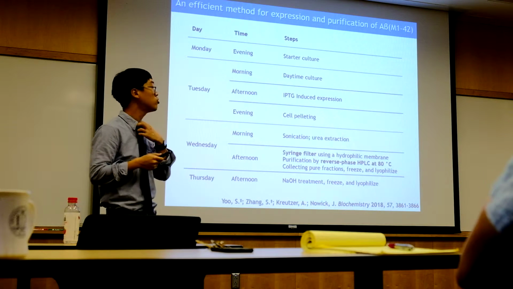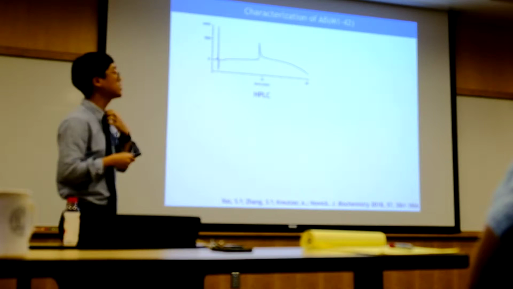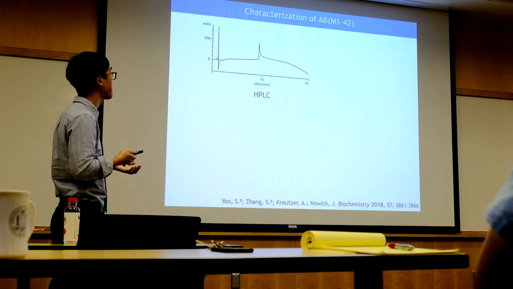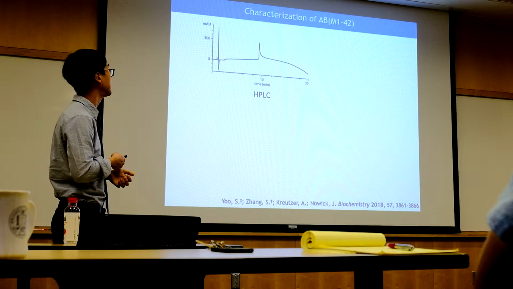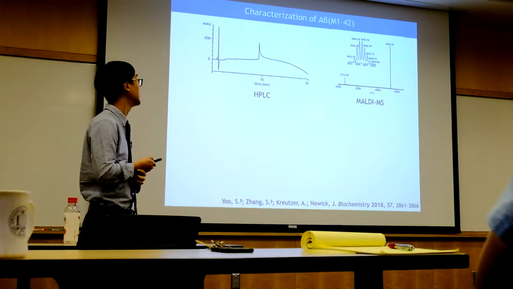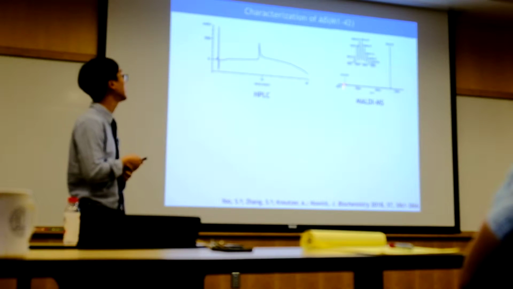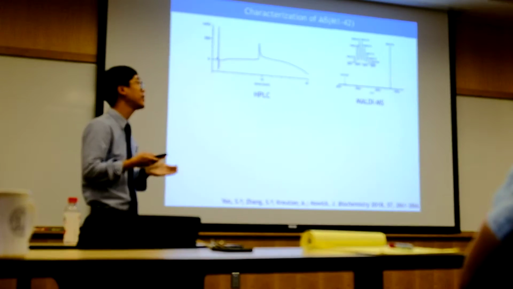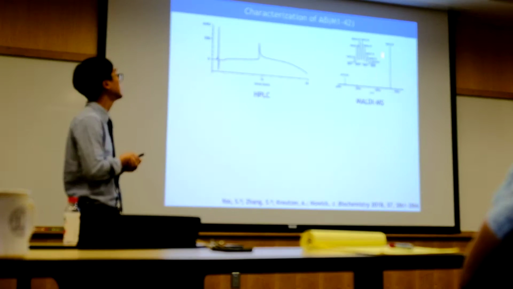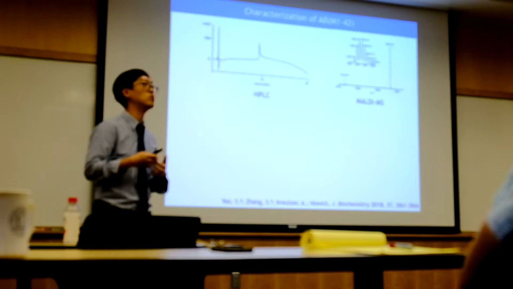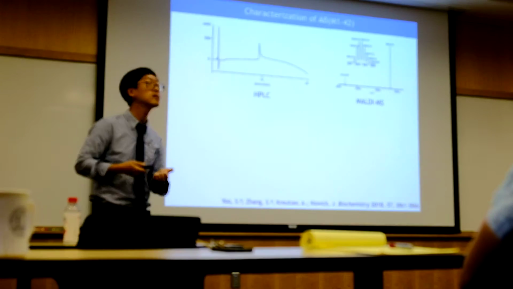Yeah, so through this, I was able to get very high quality, very high purity by HPLC, and by LC-MS I was able to see very clean peaks. This is +1 charge, +2 charge, so I did not see any noticeable addition or deletion products.